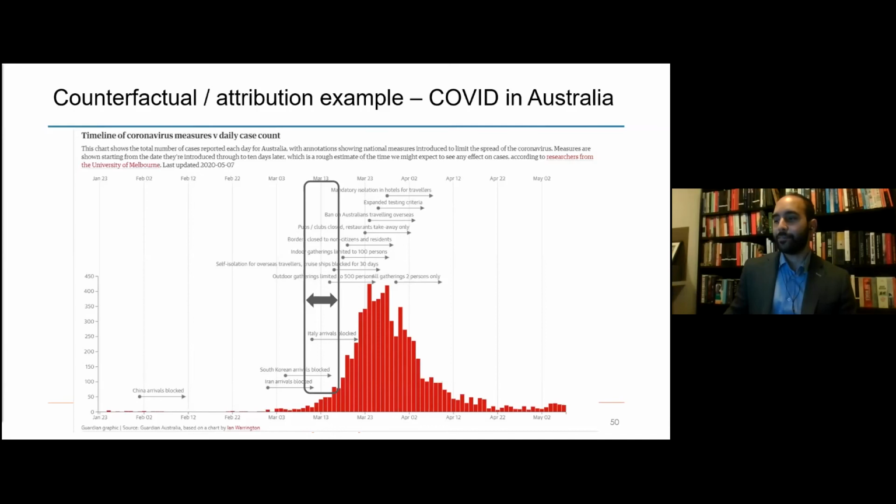And the blocking of arrivals from Italy, reducing gatherings, all of that sort of stuff happened in that phase. So is that something that we should then factor into our analysis? This is just early data. I just found this interesting, these two charts. I'm sure there'll be months and years ahead of social science analysis about COVID and the different measures that were taken.